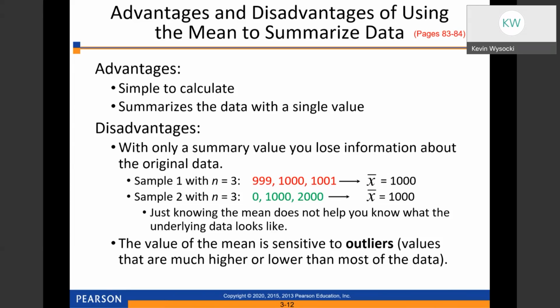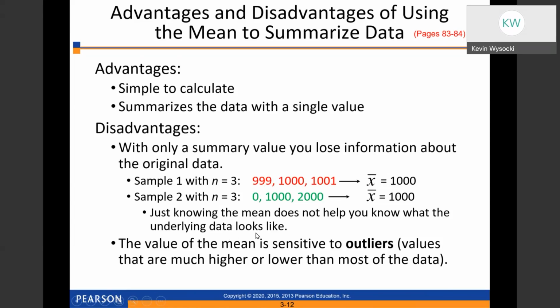The sample on the bottom, which has 0, 1,000, and 2,000, has the exact same average. If you add them together and divide by 3, you get an average of 1,000 each. So even though they're both 1,000, just knowing the mean doesn't help you know what the data looks like, how spread out it is. There's quite a bit of difference between these two data sets.